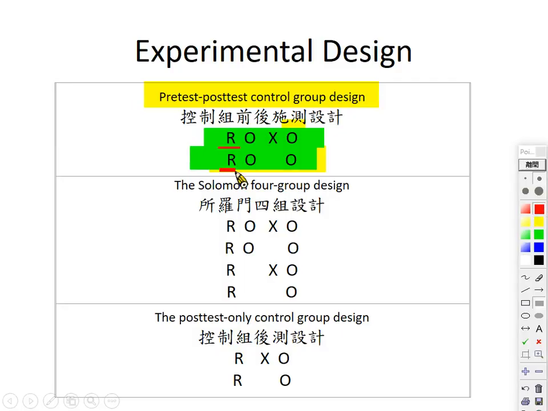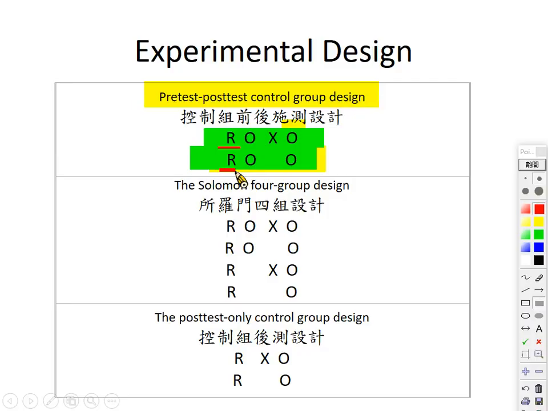For example, we have a pool of 1,000 mice over there, and we want to select 2 boxes of mice with 100 mice each. So we will randomly select 200 out of this and divide them into 2 boxes, right? If this process is done with randomization, then these 2 boxes of mice should be equal.